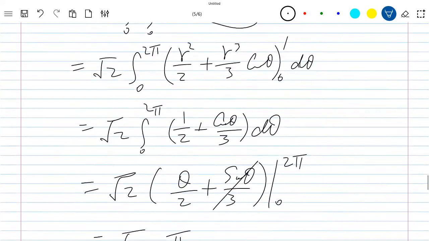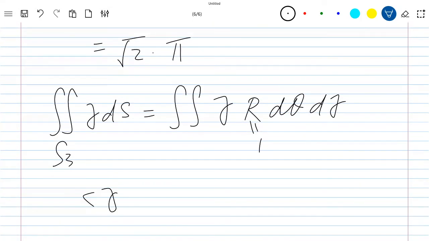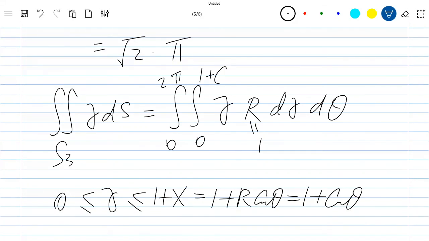So you can see z is between 0 and 1 plus x, which means 1 plus r cosine theta, and that's 1 plus cosine theta. So z is between 0 and 1 plus cosine theta, so we'll have to switch them. You have dz, then d theta. And theta is from 0 to 2 pi, and z is from 0 to 1 plus cosine theta.